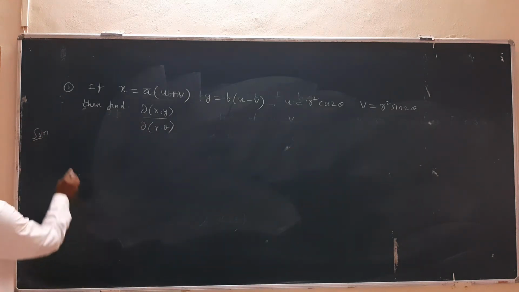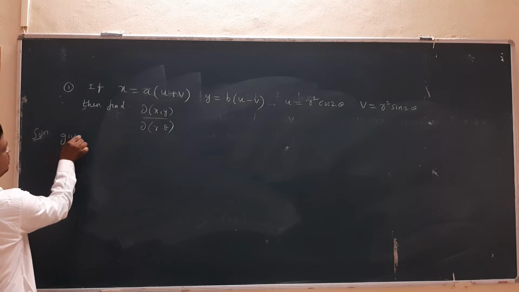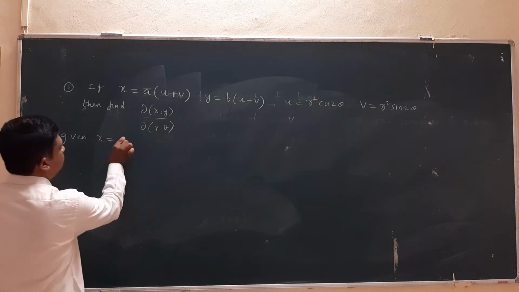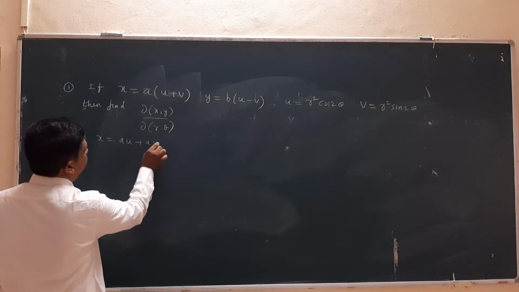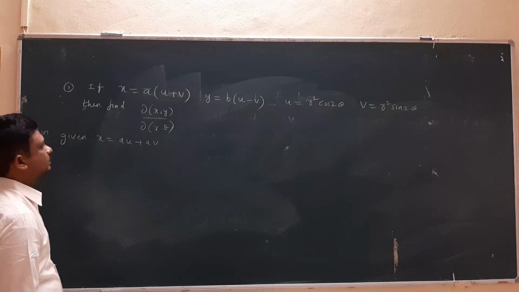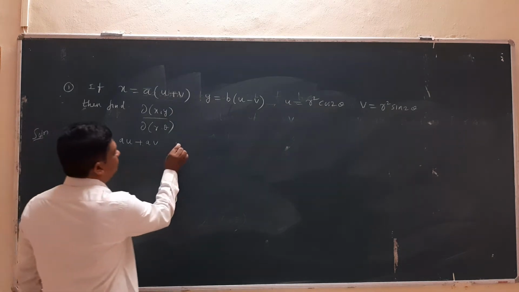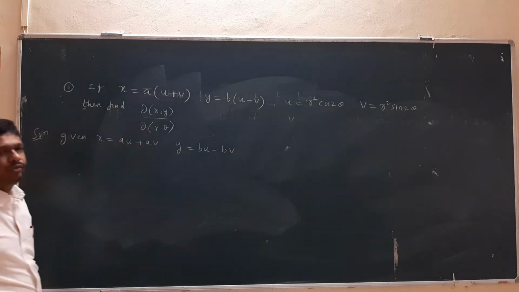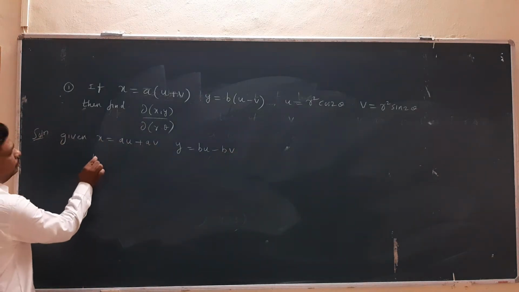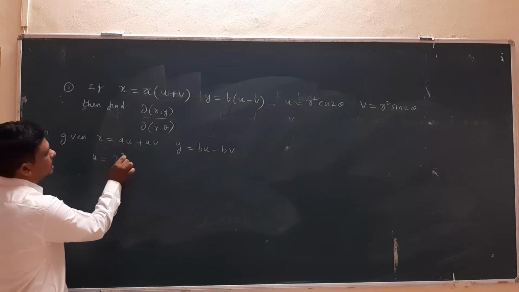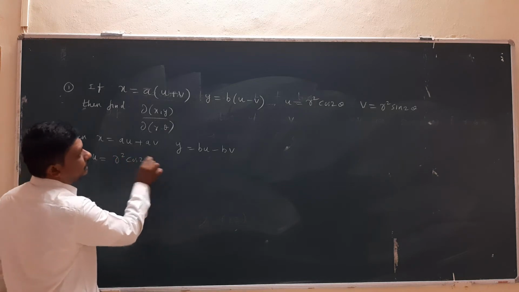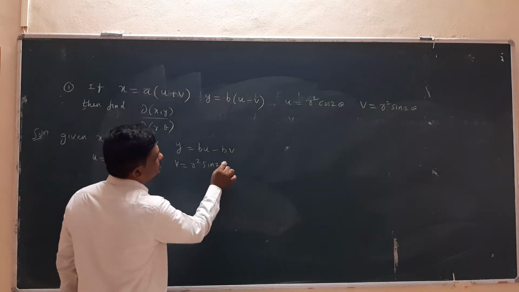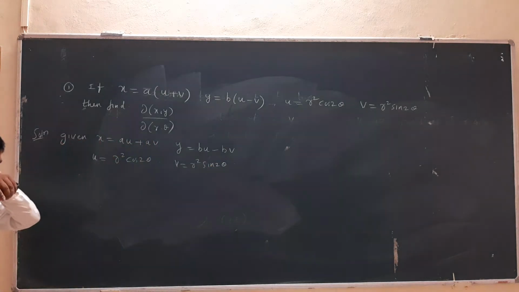Here, given x equal to, so it simplifies, a into u plus a into v, y is equal to b into u minus b into v, u is equal to r square cos 2 theta and v is equal to r square sin 2 theta.